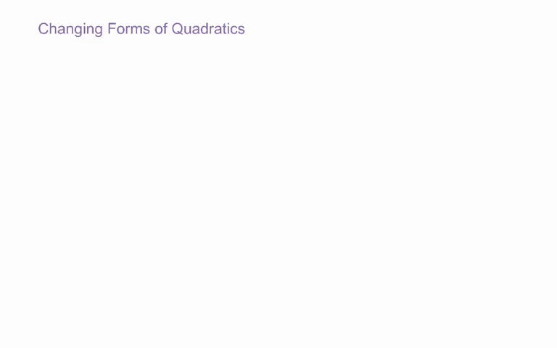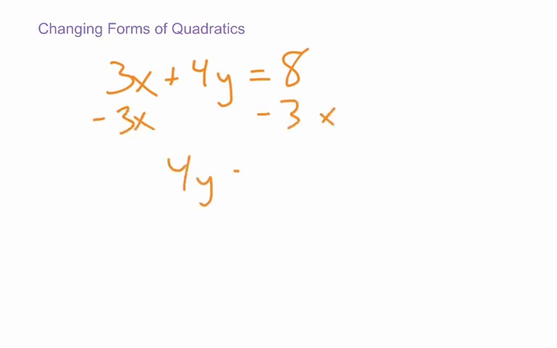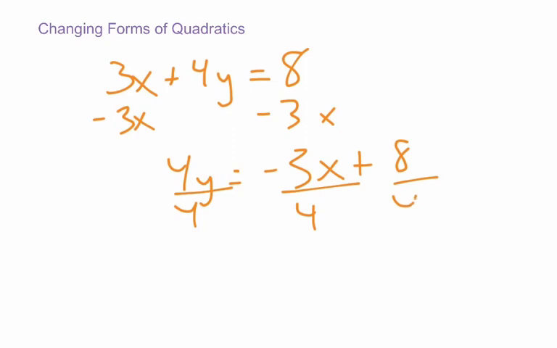This is analogous to a skill, and I know I did this in another lesson recently, where you would take a linear equation, remember standard form of a linear equation, and you would rewrite that linear equation by solving it for y.